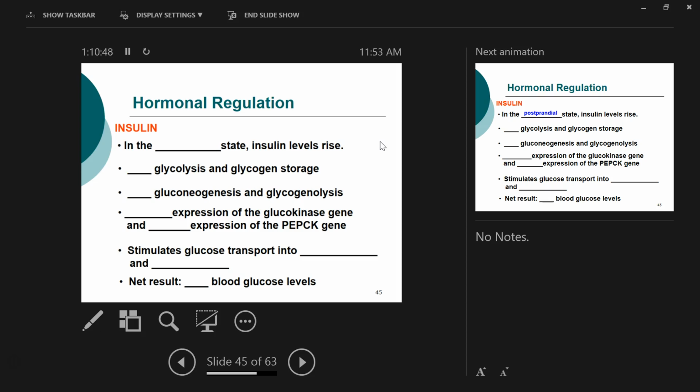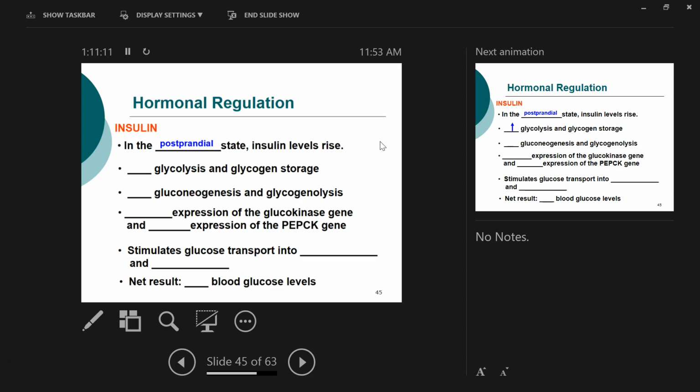So in which physiological state would you expect insulin levels to rise? Fed condition, right? In the fed condition, or sometimes they call it the postprandial condition, after a meal.